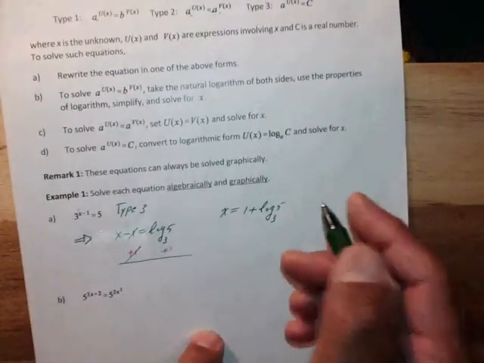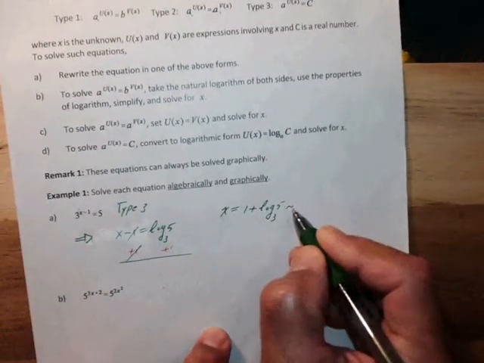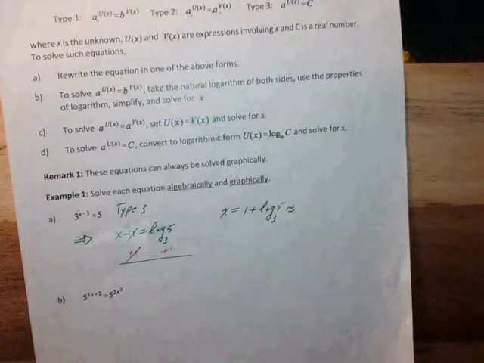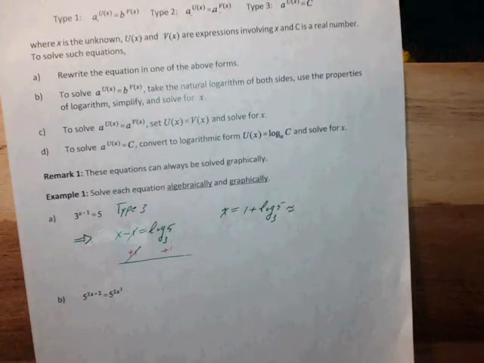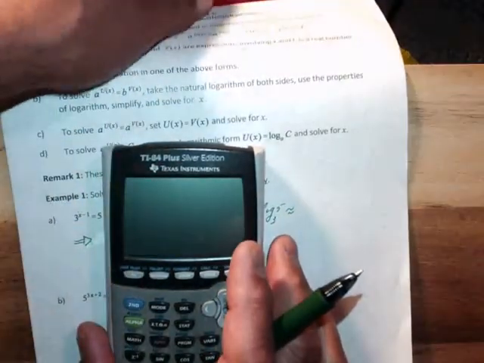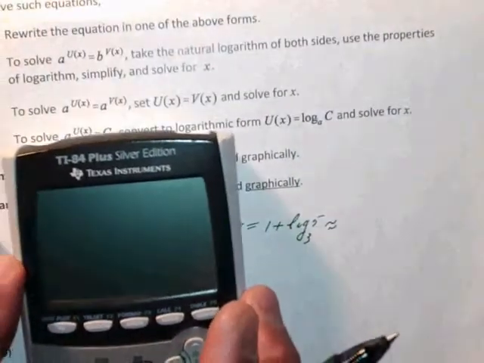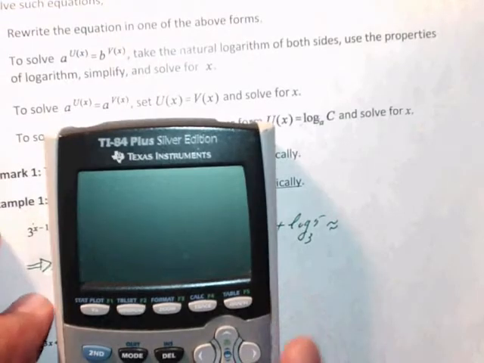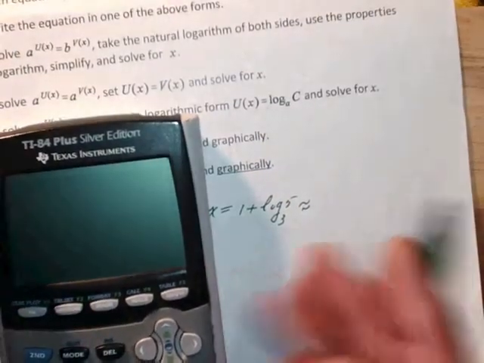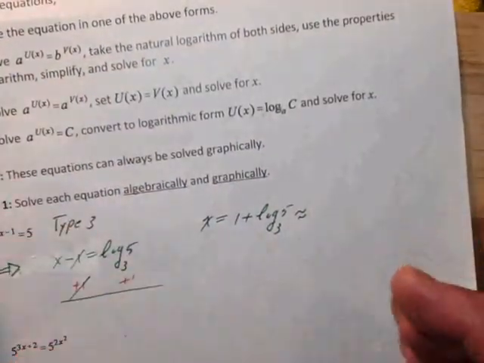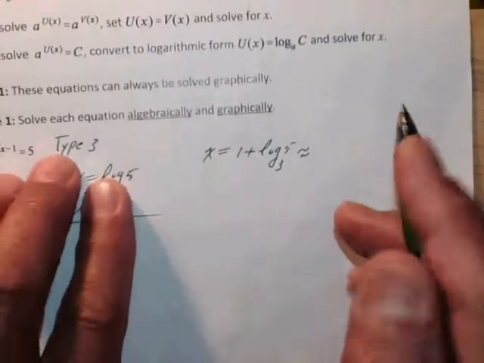Now if you want to approximate this with your calculator, let me show you how to do this. I'm going to use the change of base formula. If you don't have that feature, I'm going to just do it the old-fashioned way.